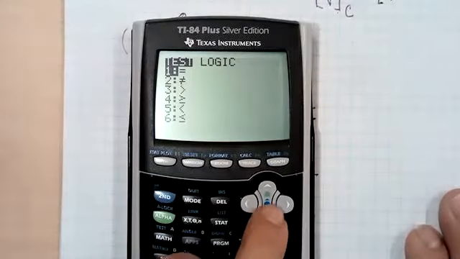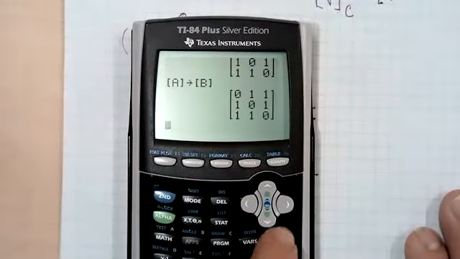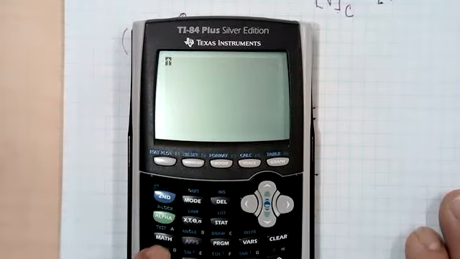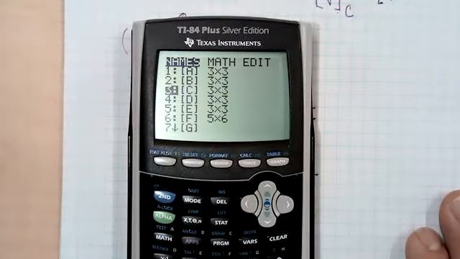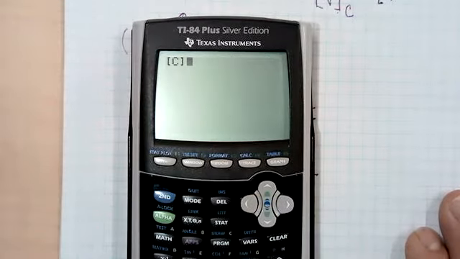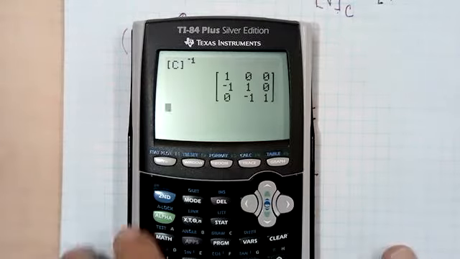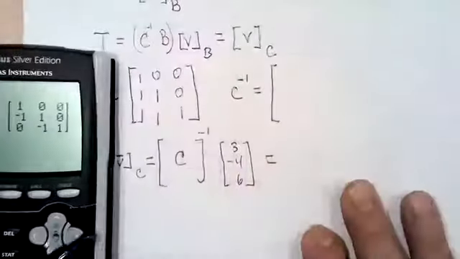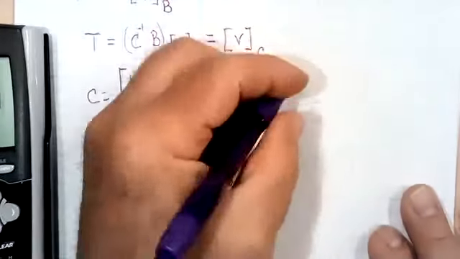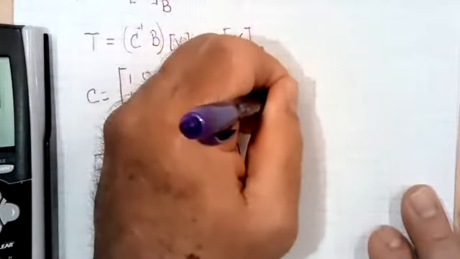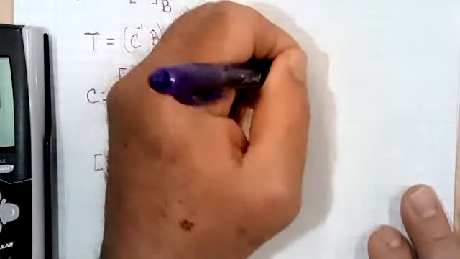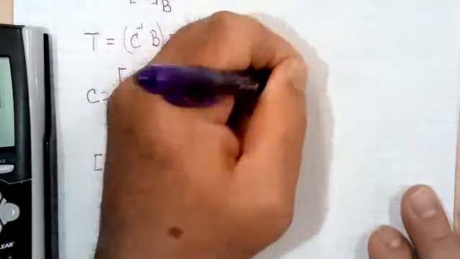Oh, I just contradicted myself. Not long ago, I told you up to 7 by 7 I can do instantly from memory. That was a lie. Okay, so here's C inverse. So 1, -1, 0, 0, 1, -1, 0, 0, 1.